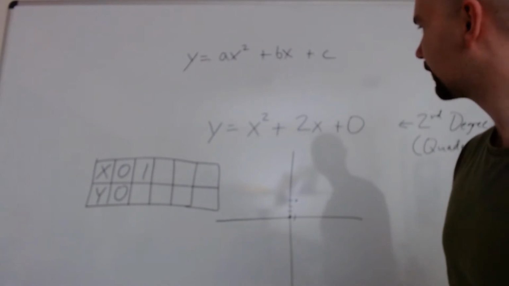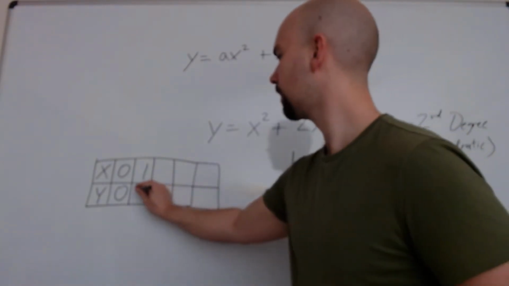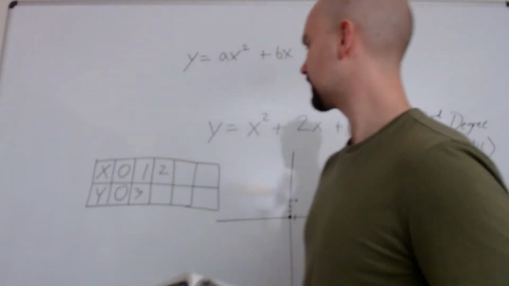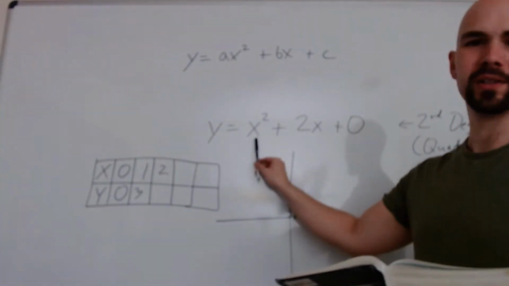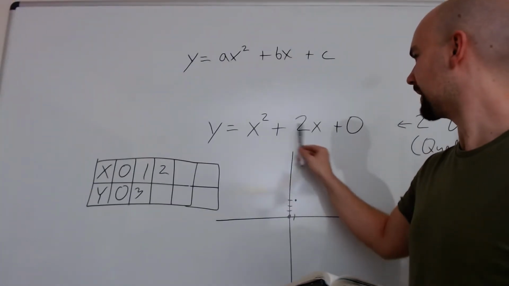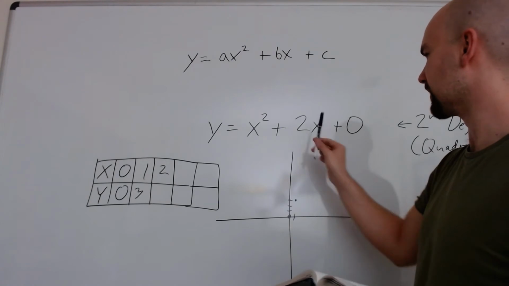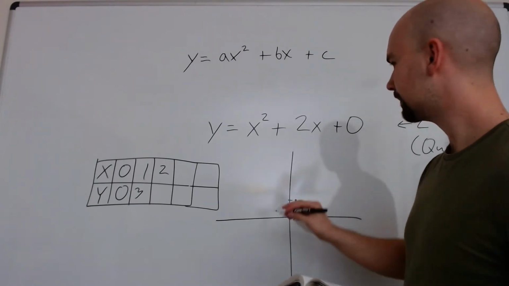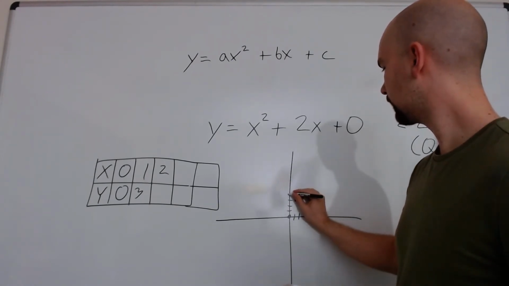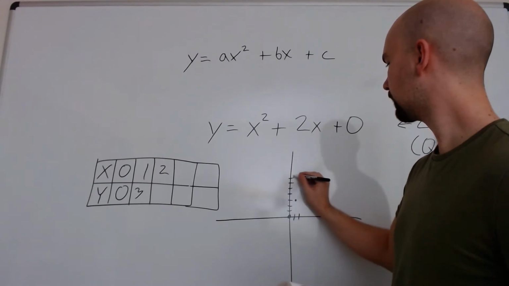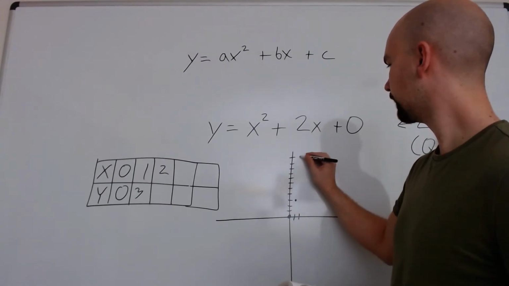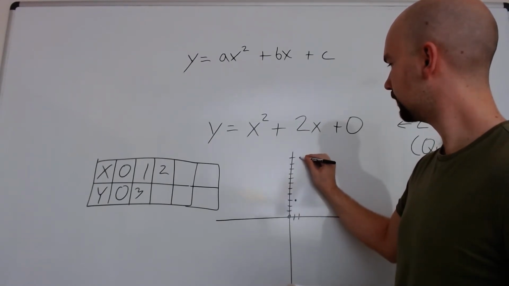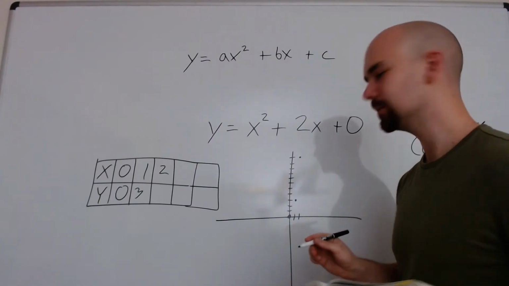All right. Now let's say x equals 2. 2 squared is 4, plus 2 times 2 is another 4, so 4 plus 4 equals 8. What are you noticing? Does this look linear so far?